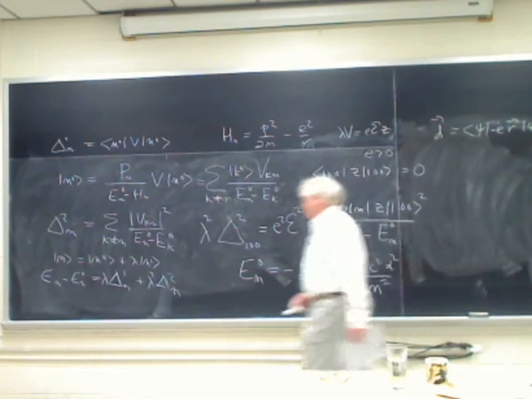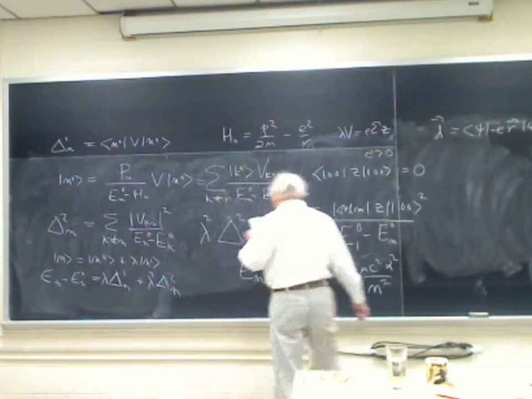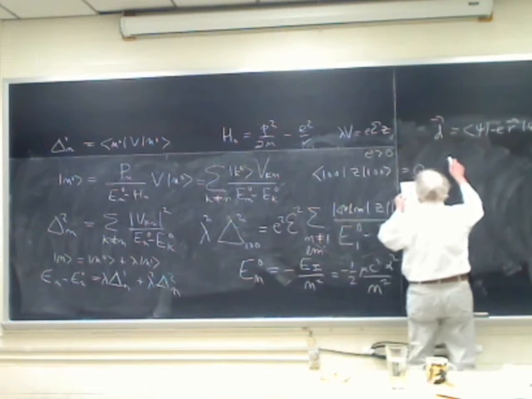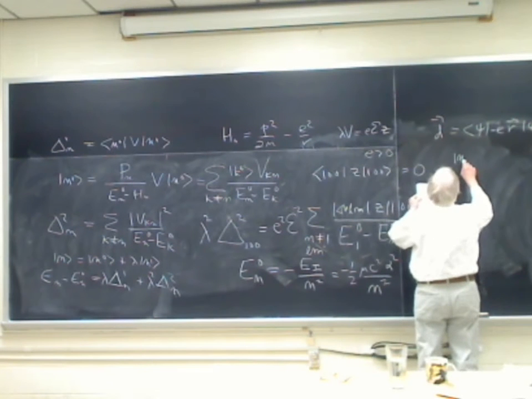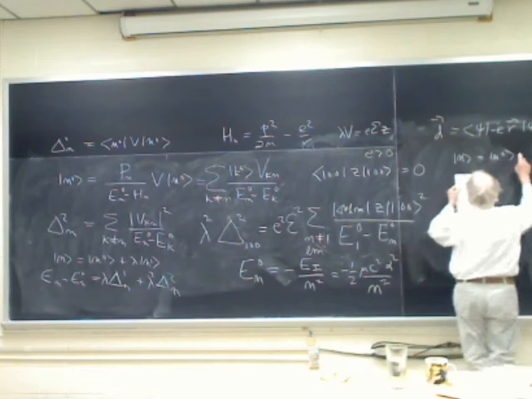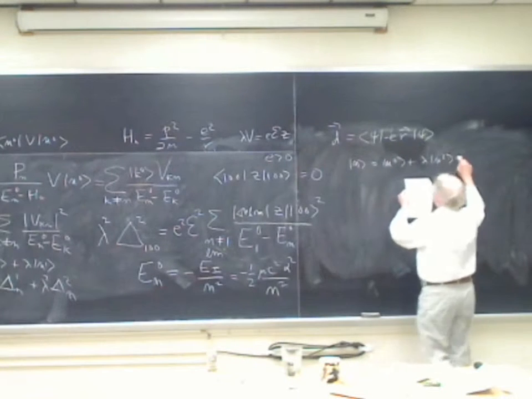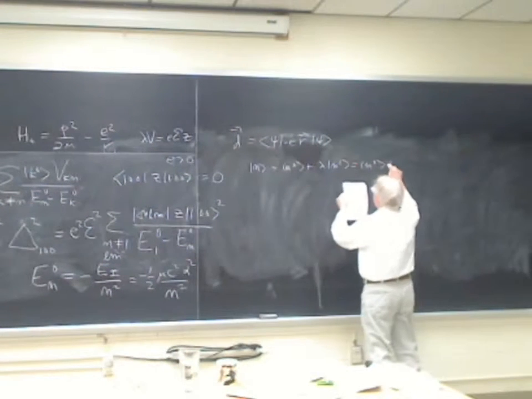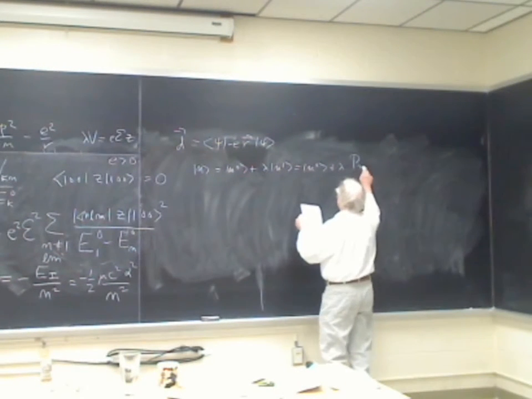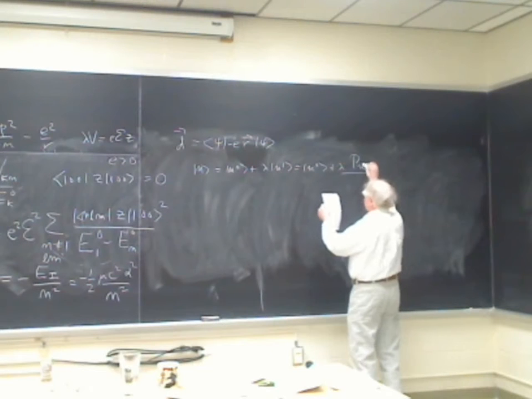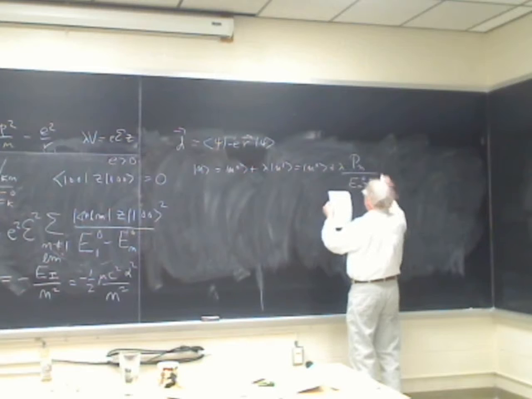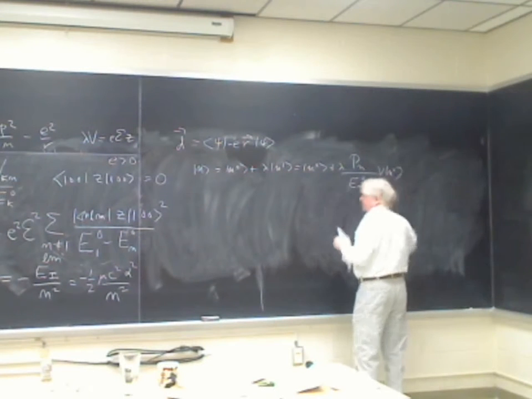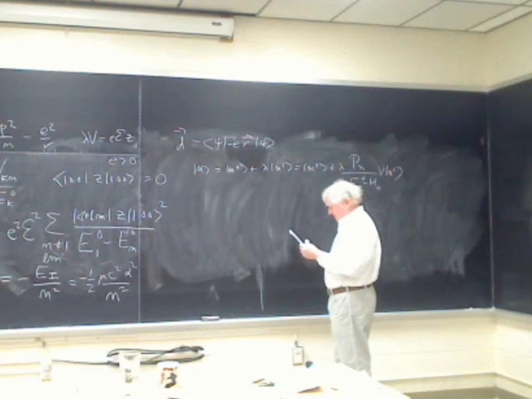We now look at our expression for what the state n is. This n will be n0 plus lambda n1, and that's going to be n0 plus lambda times the projection operator for everything except the n state, over En0 minus H0, times V, n0. That's just recapitulating what we had there.